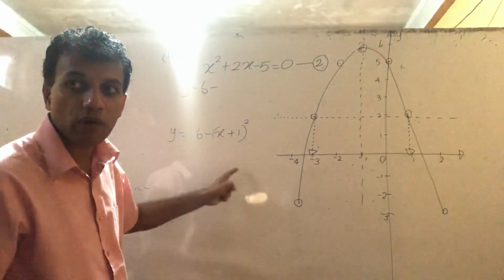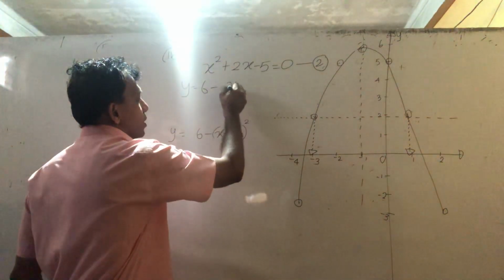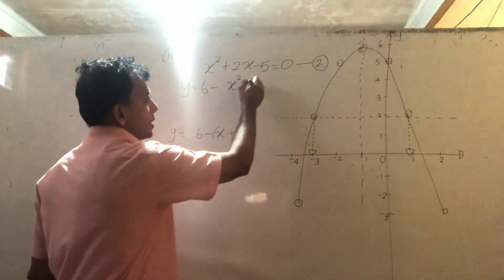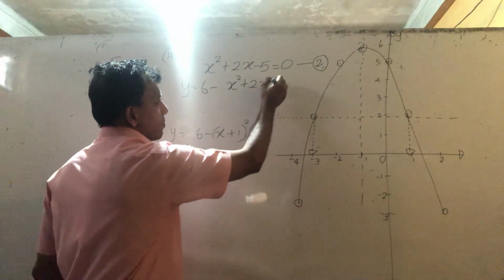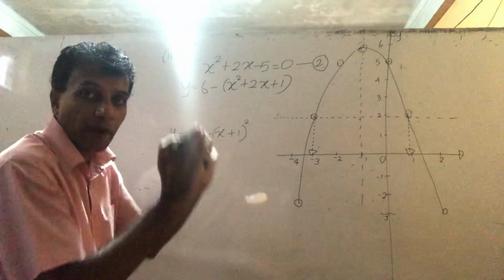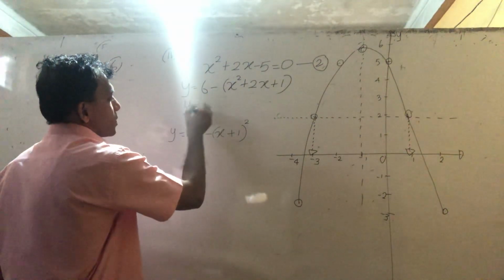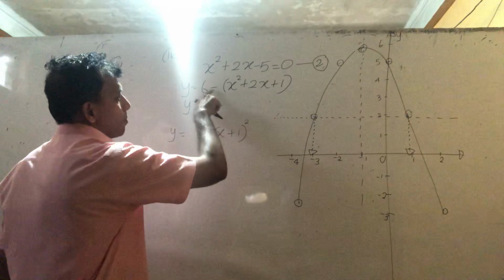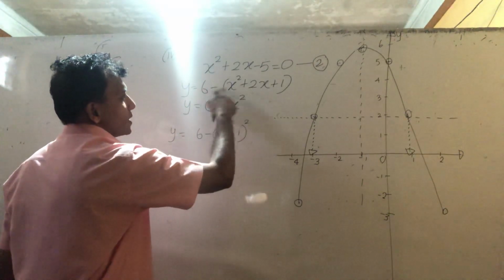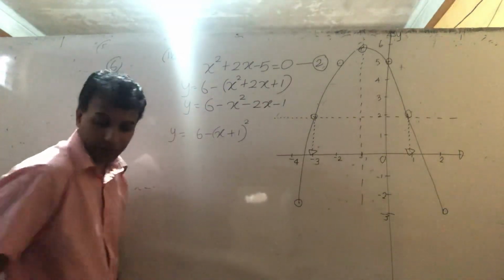What is (x plus 1) squared? It's the a plus b squared form: x squared, multiply both and double, plus 1. But there's a minus, so put a bracket and write it. So y equals 6 minus, in brackets, x squared plus 2x plus 1.